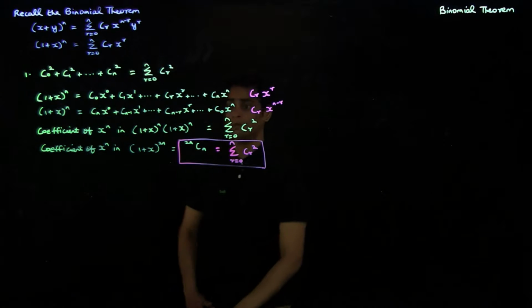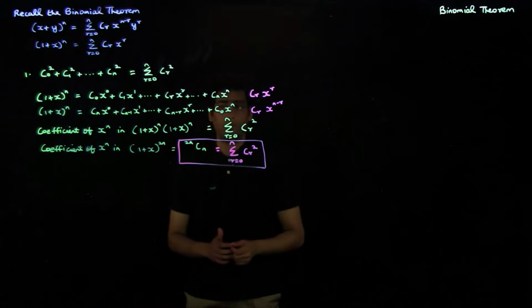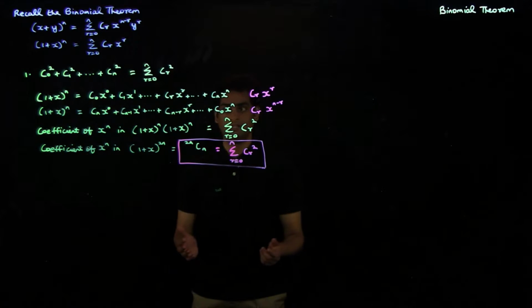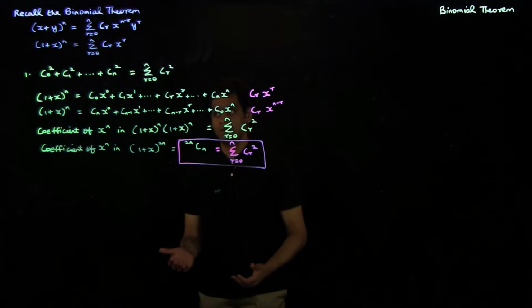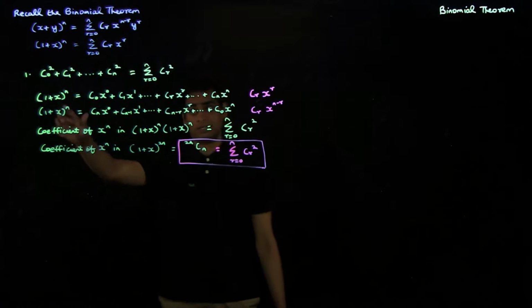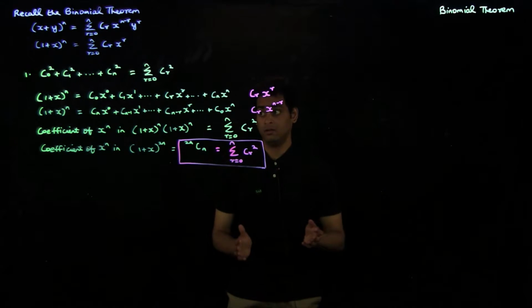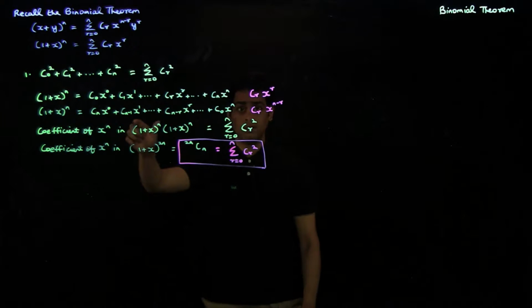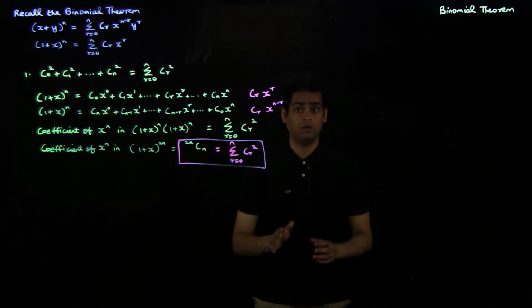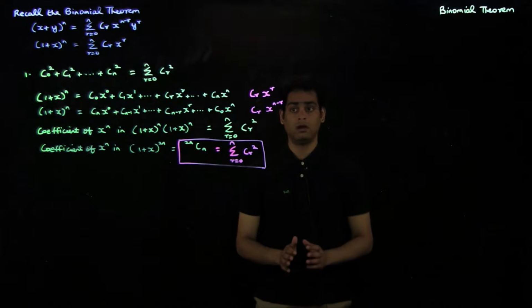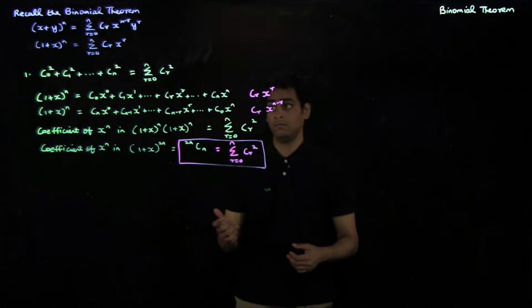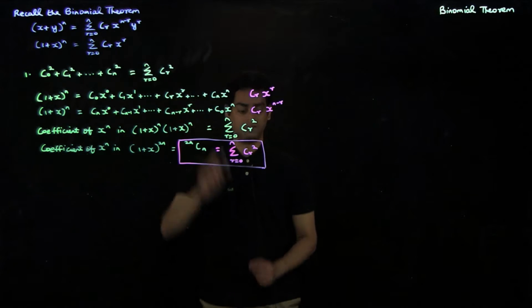So once again, the idea when we want to obtain products of binomial coefficients is to multiply the expansion of 1 plus x to the whole power n, or in general multiply any suitable expansion with another expansion, and to look at the coefficient of a certain power of x to obtain the terms of the sequence we so desire.